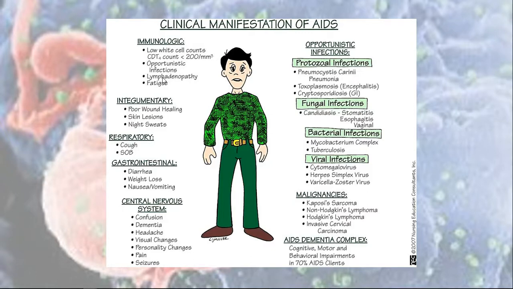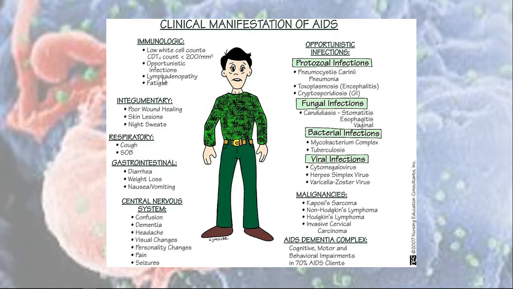Fungal infections, they have oral candidiasis, stomatitis, esophagitis, and vaginal candidiasis too, so they can have those fungal infections in their mouth and their esophagus as well as their vagina.